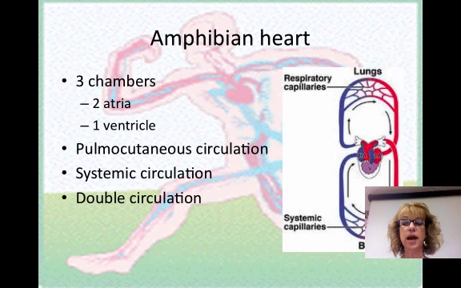The amphibian heart has three chambers, two atria and one ventricle. The ventricle pumps blood into the forked artery that splits blood from the heart into the pulmocutaneous and systemic circulation. The pulmocutaneous circulation leads to capillaries in the gas exchange organs, which in amphibians is the lungs and the skin.